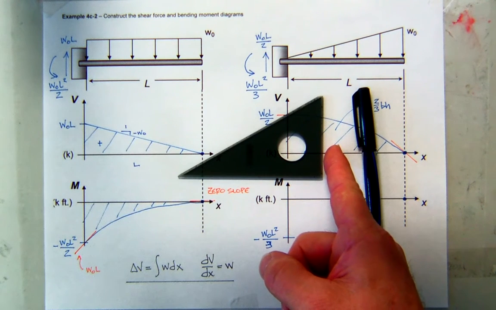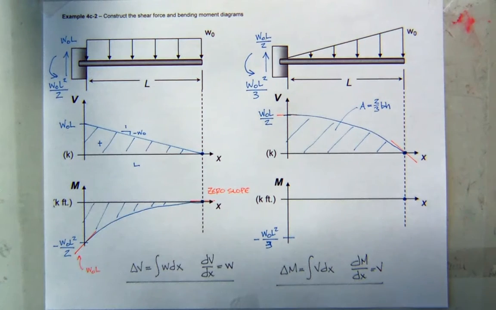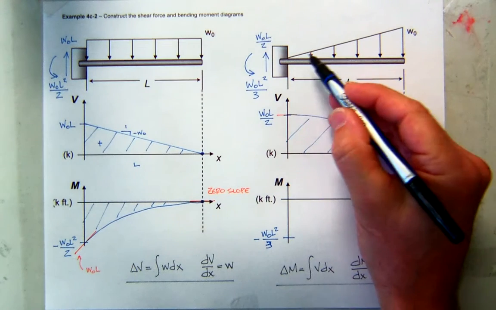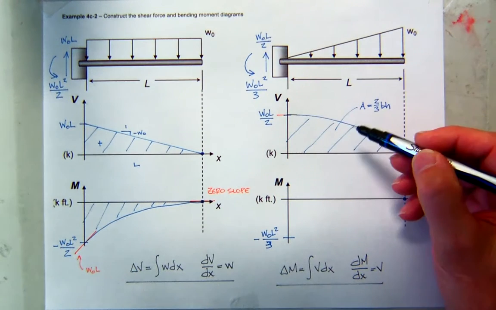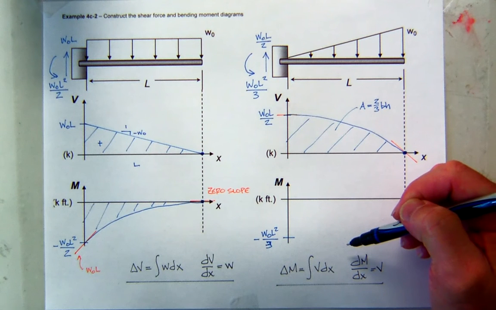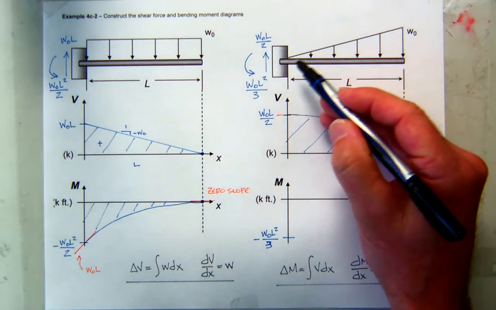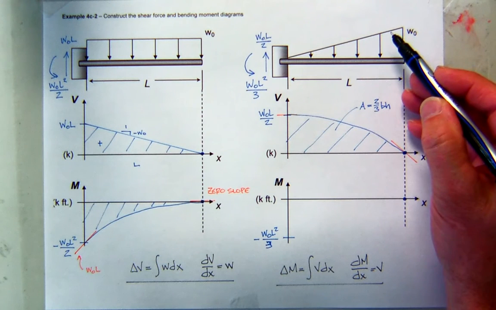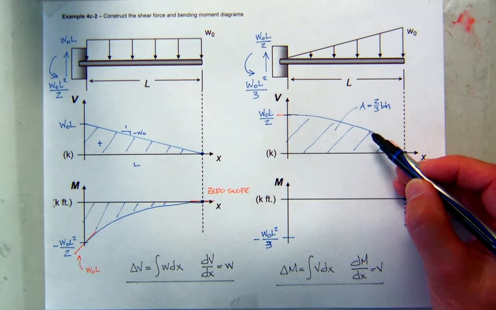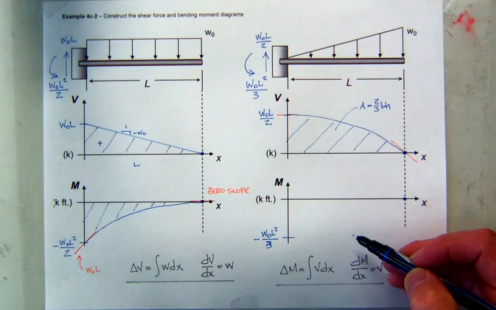You can do that. So this is one of the disadvantages of drawing shear force and bending moment with the graphical technique: when you have linearly varying loads, it gets a little tricky to start finding those areas and doing this from a geometric standpoint. However, I could easily write this as an equation and integrate this equation to get this equation, and then integrate this equation to get that equation, and graph it.